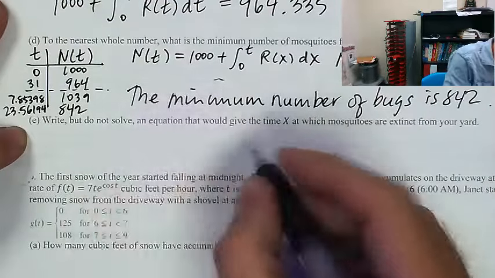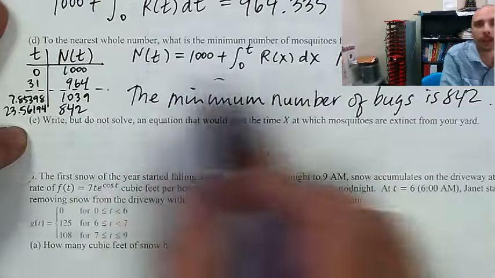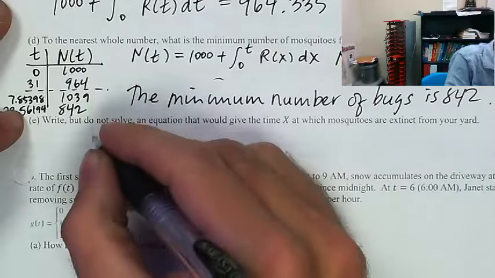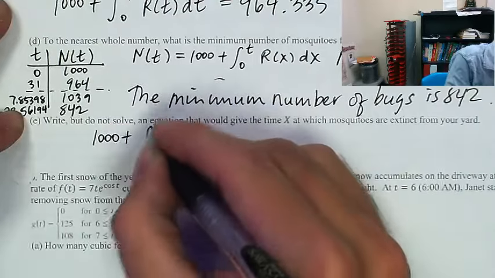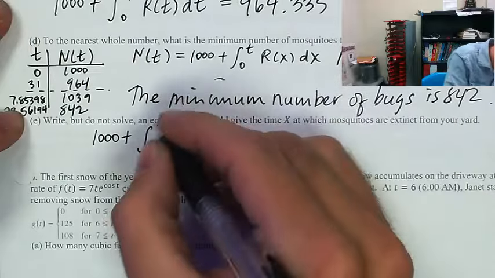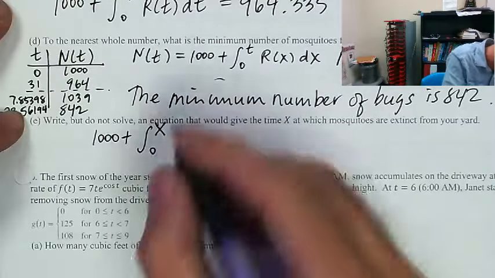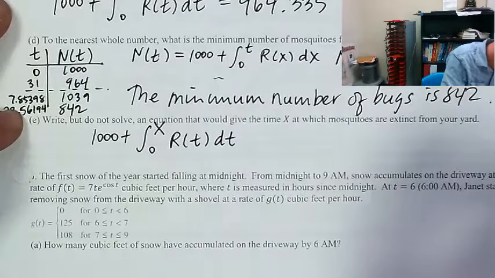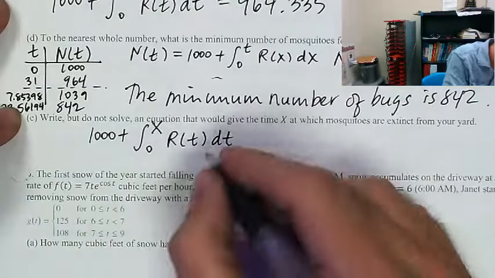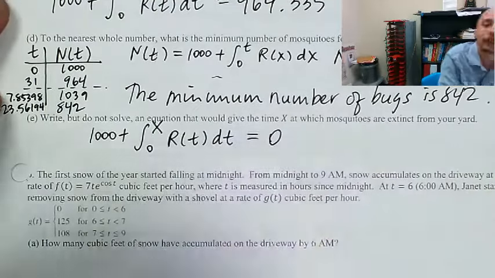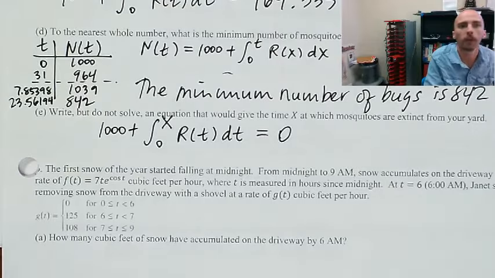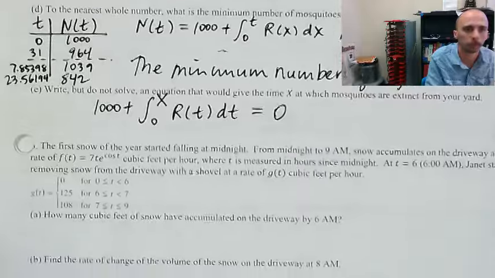So we want the number to equal 0. We've already got that again. That's why I like having the total function, right? It's because we can just say, okay, 1,000 plus the integral from 0 to the special time x of r of t dt. You add that together, and you get 0 mosquitoes. That's extinction. So that would be the write and don't solve an equation involving an integral.